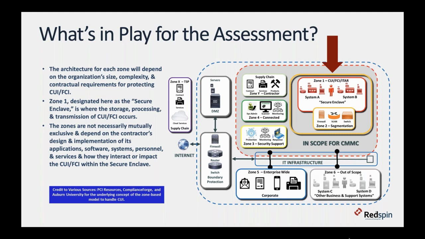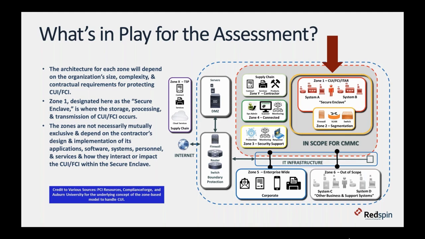But the complexity of your scoping obviously is going to depend upon your organization's size, its network complexity, and contractual requirements. Do you have a lot of reliance on managed service providers? Are you all on premise, hybrid, or everything off in the cloud? You need to clearly understand those implications before you can really understand how to scope.